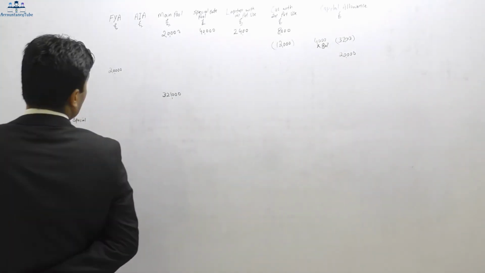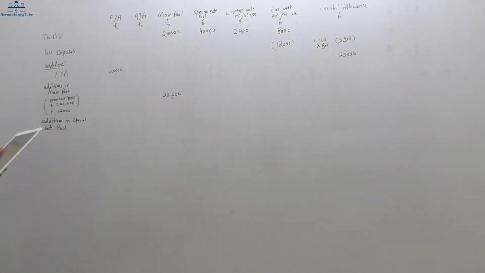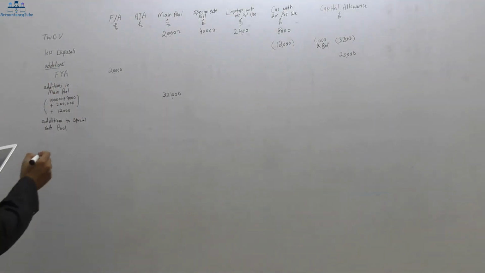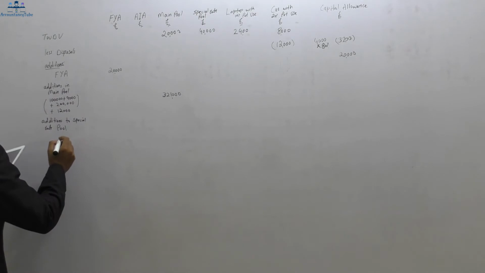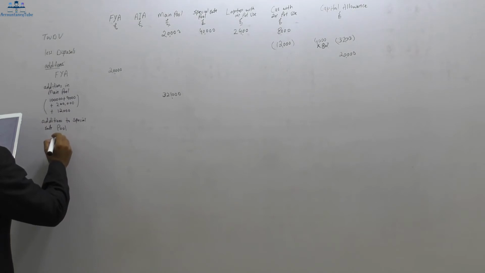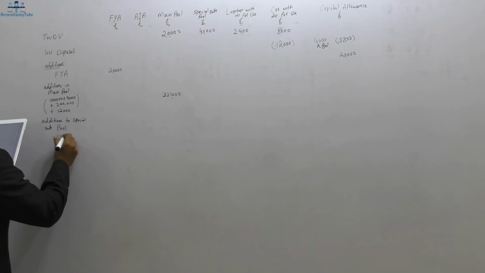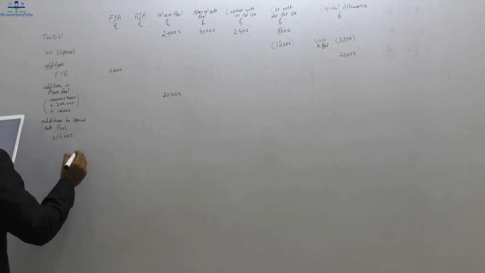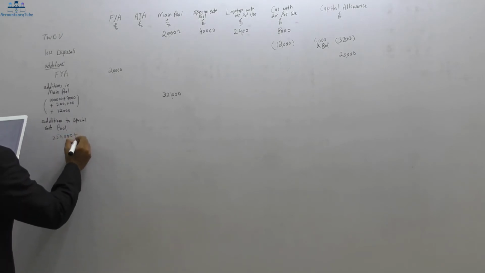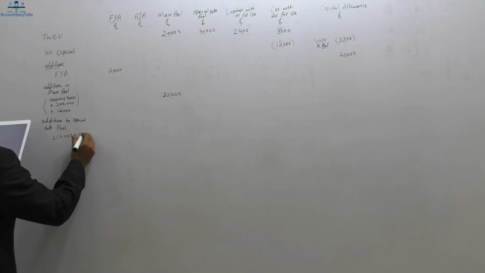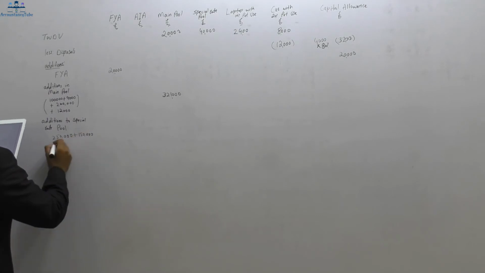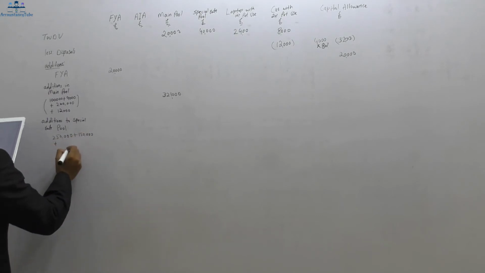All right. So if we just do the addition to the special rate pool, it is £250,000 plus £150,000 plus a car of £10,000.